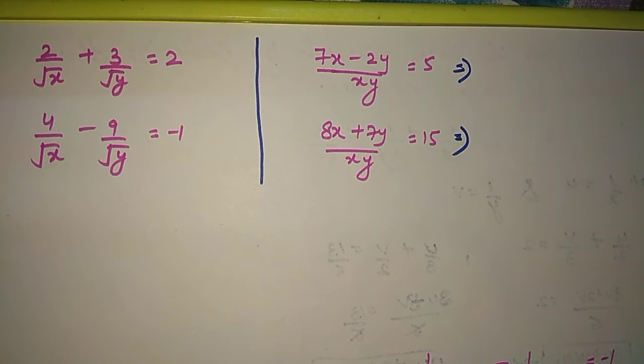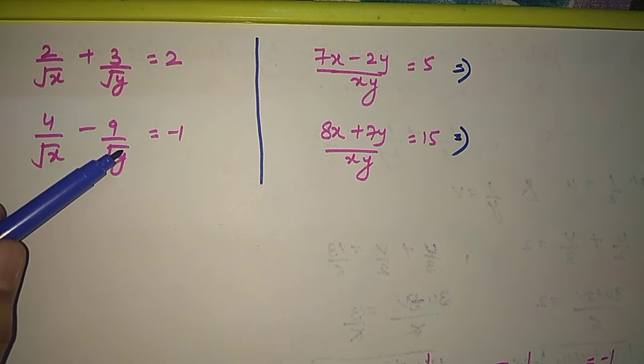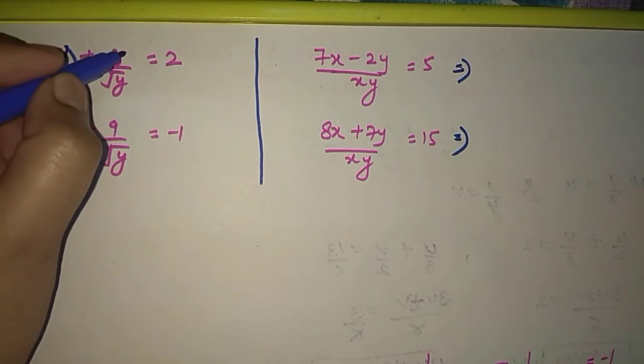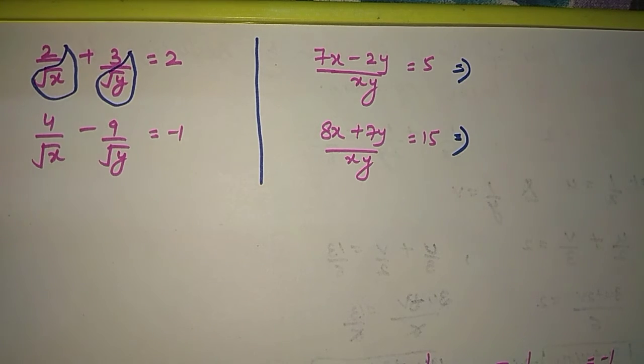Now we have another pair of equations. Suppose I want to solve this pair, how will I do it? See, here we have 1 upon root x, and here we also have 1 upon root x. Here we have 1 upon root y, and here we also have 1 upon root y. So I can suppose 1 upon root x as u and 1 upon root y as v.